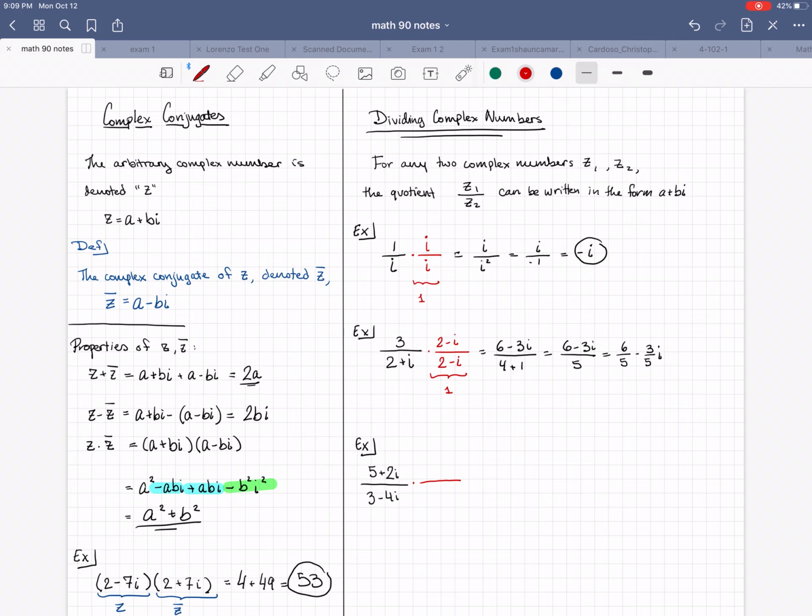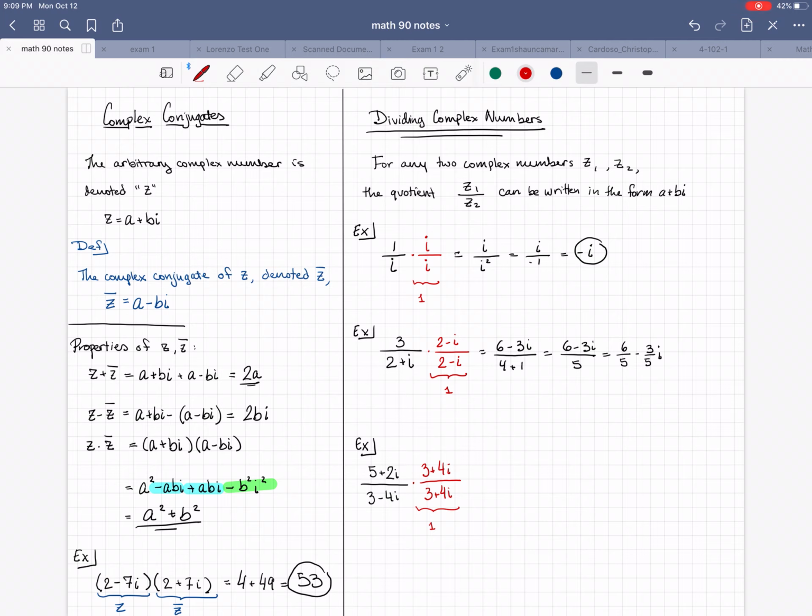The complex conjugate of 3 minus 4i is 3 plus 4i. And again, just like before, you can't go around multiplying the denominator by 3 plus 4i. If you multiply the denominator by 3 plus 4i, you also have to multiply the numerator by 3 plus 4i, so that in the end, you have multiplied by 1.